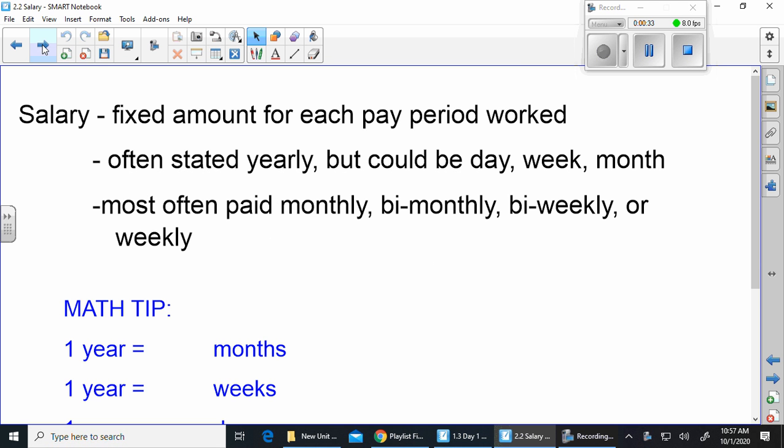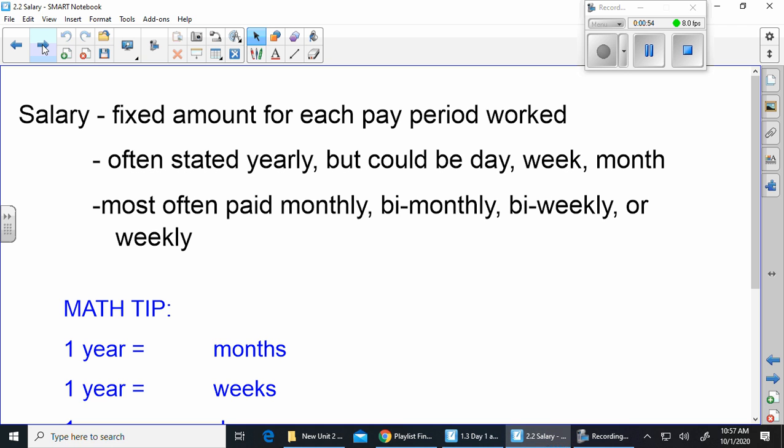So we want to think salary is a fixed amount for each pay period worked. Often your salary is yearly, but it could be how much you make a day, a week, or a month.